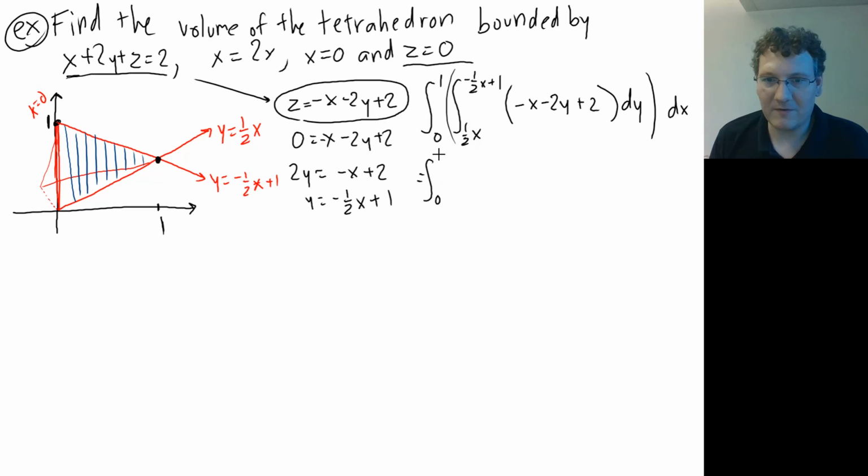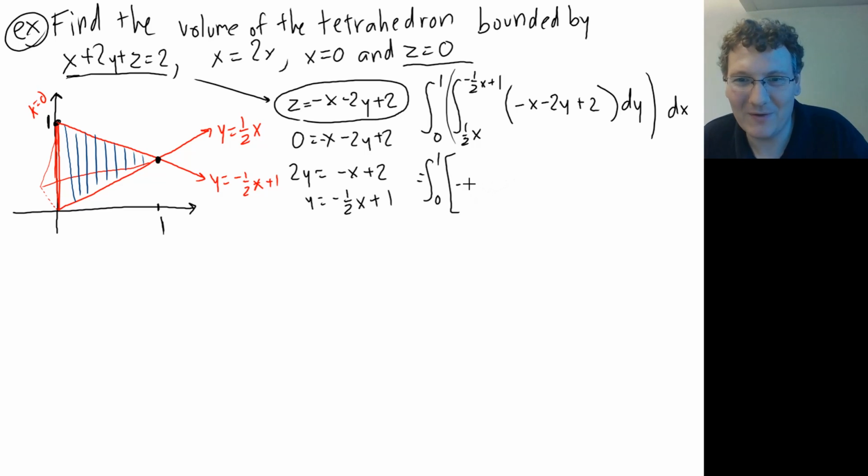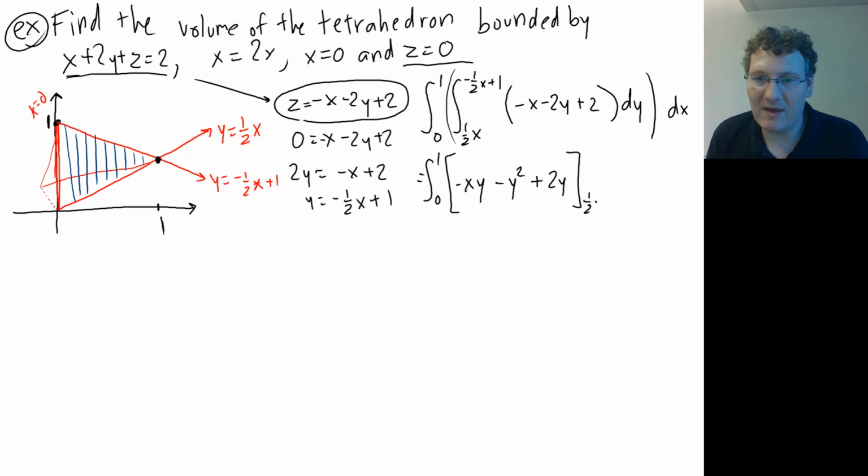All right, first integral, we're going to integrate with respect to y, so we're going to have the integral of negative xy minus y squared plus 2y, and we're going from 1/2 x up to negative 1/2 x plus 1, dx. Okay.